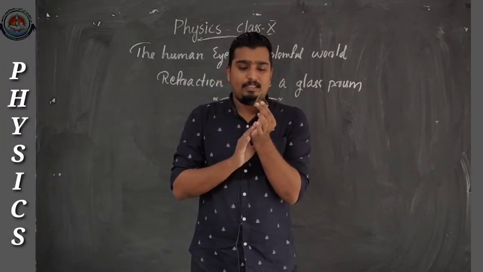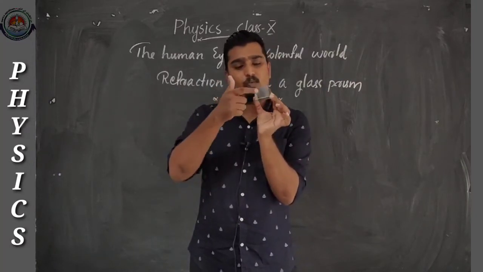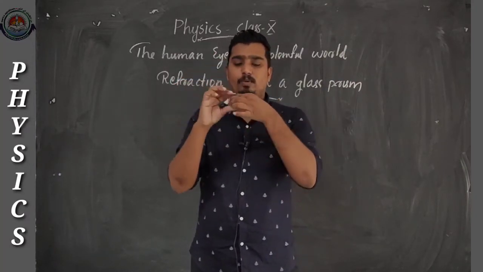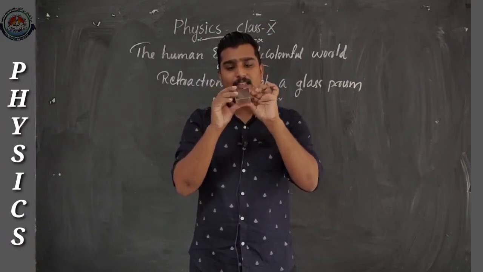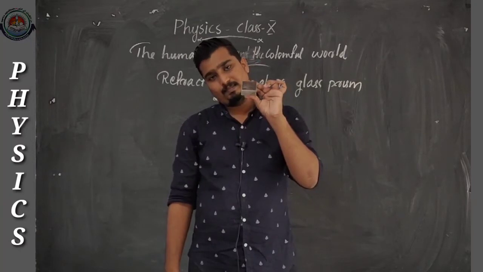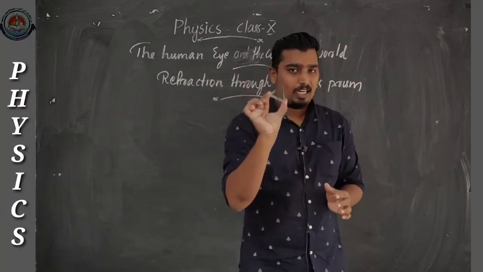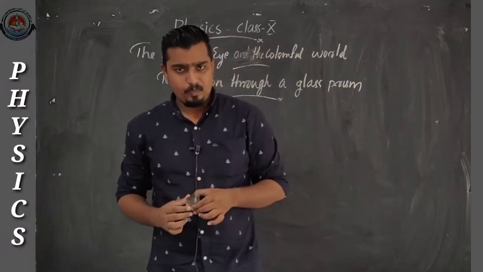There are three inclined rectangular faces, that is 1, 2, 3. Clear? This is a glass prism.